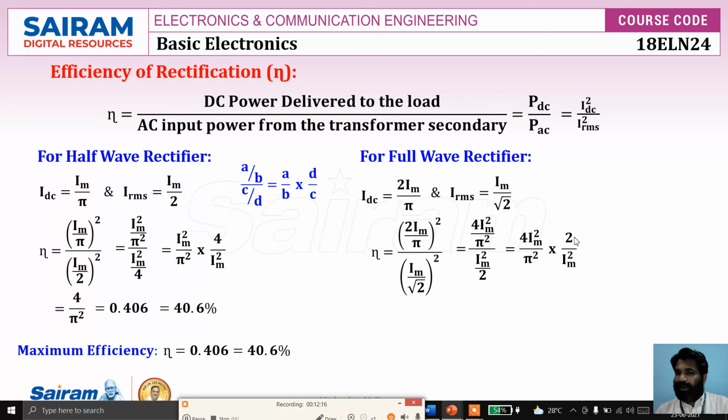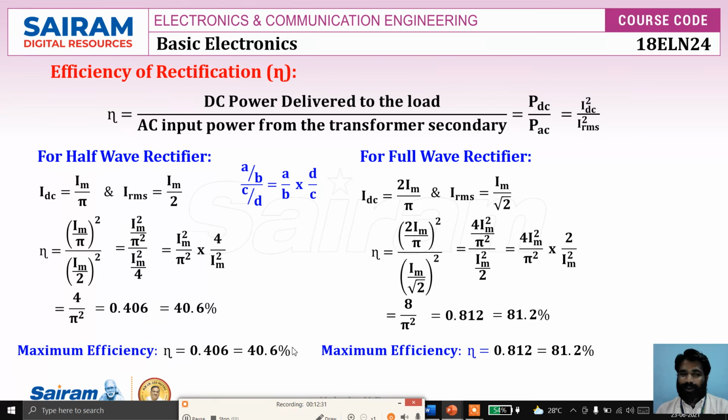It can be further simplified. Here Im square gets cancelled. It becomes 8 by pi square, or it is equal to 0.812. That means 81.2%. So if you compare with the half-wave rectifier, the efficiency is double. Efficiency is increased. Clear?